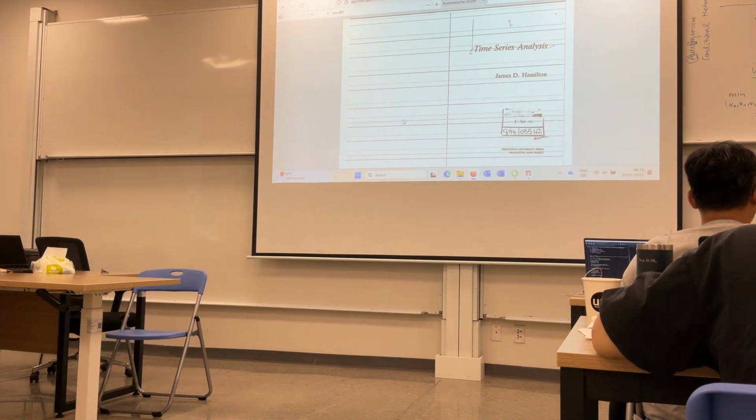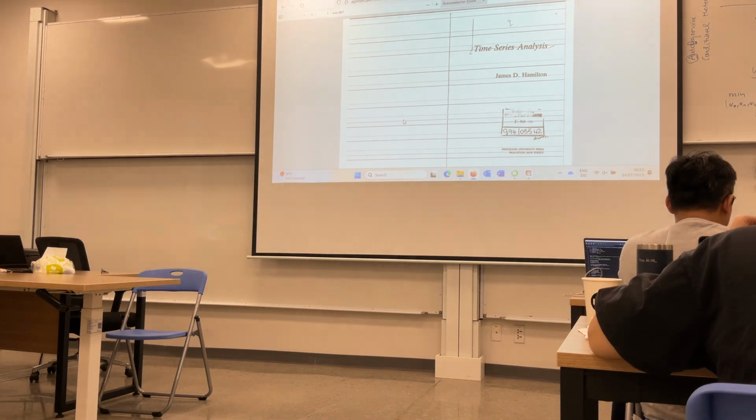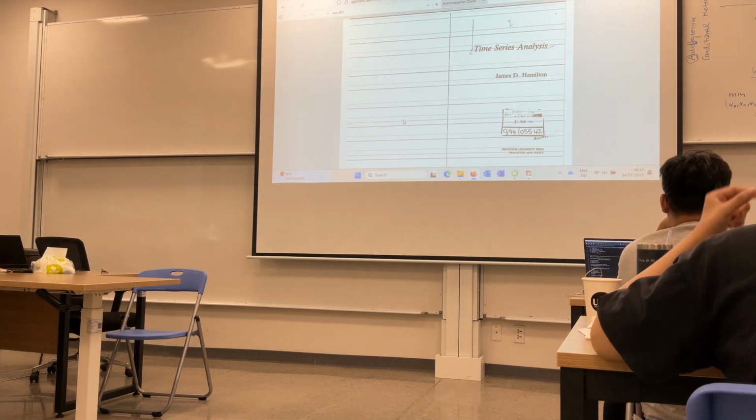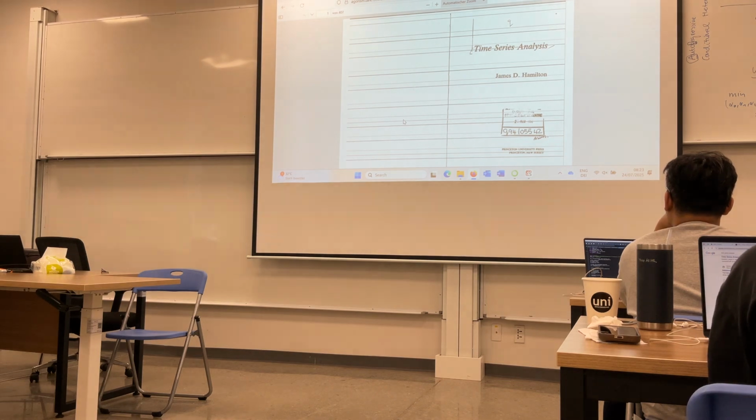One of these conditions is that the absolute value of phi 1 plus phi 2, if I remember correctly, is smaller than 1.